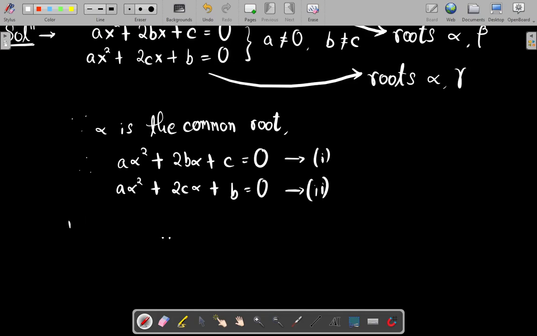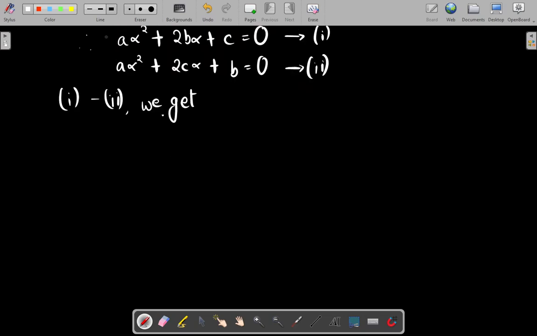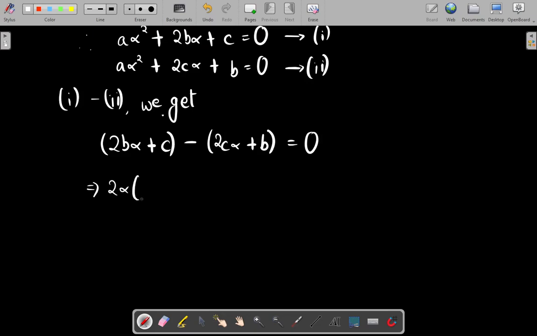If I subtract equation 2 from equation 1, we get a alpha square cancelled out, so this will become 2b alpha plus c minus 2c alpha plus b inside the bracket. If I take the 2 alpha common, this will become b minus c plus c minus b equal to 0.